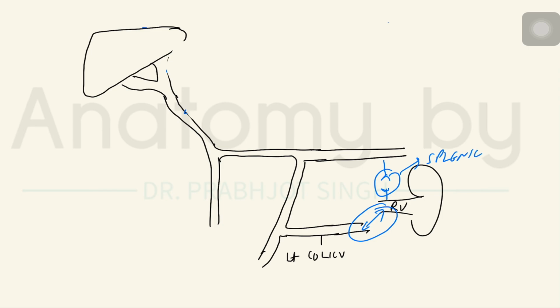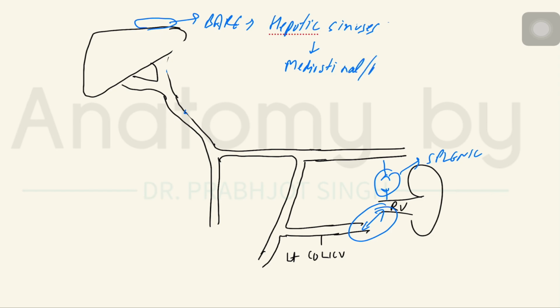Then over here you have the bare area. Through the bare area, the hepatic sinuses communicate with mediastinal or phrenic veins.